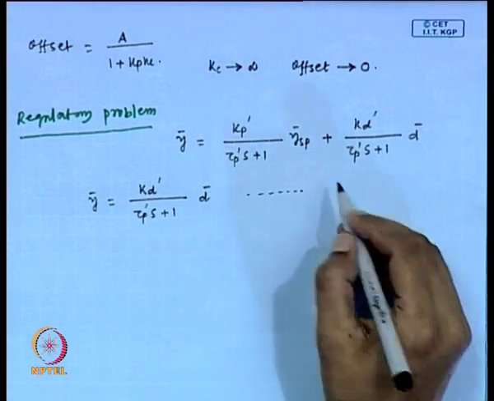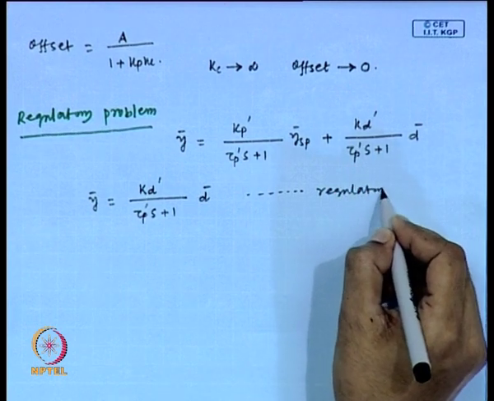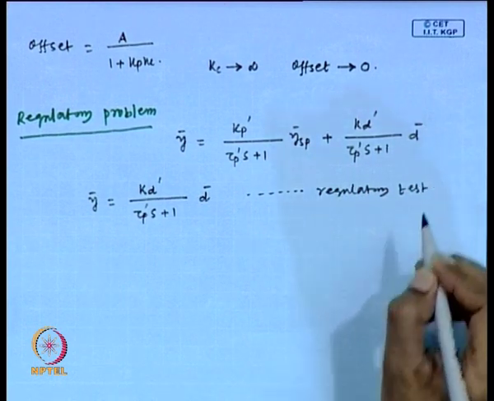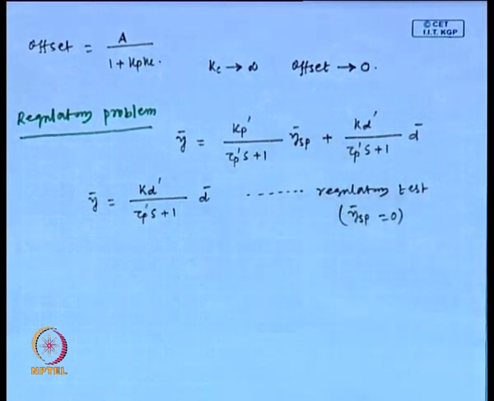This is the closed loop transfer function for the regulatory test where no change in y set point is considered.